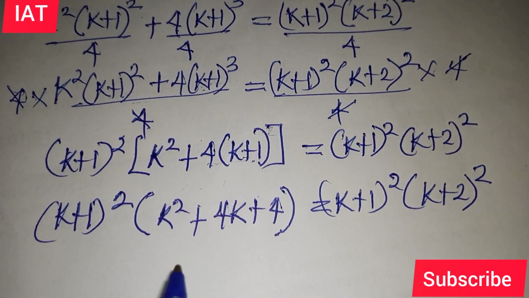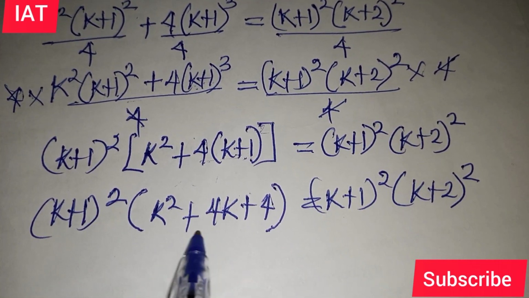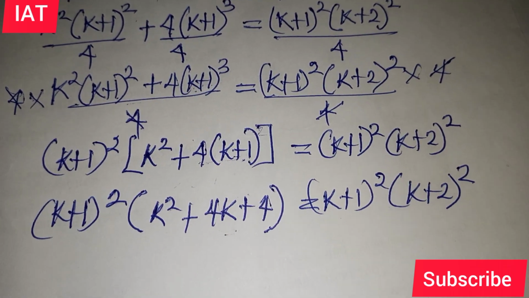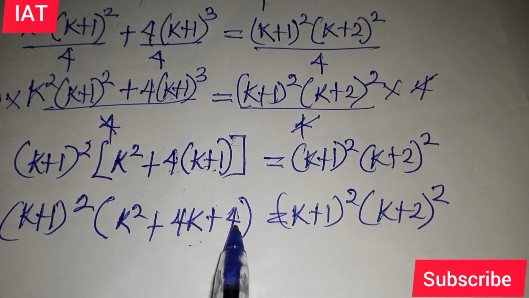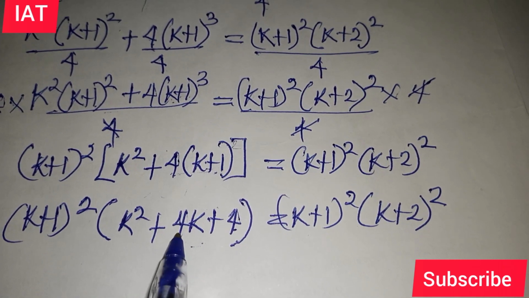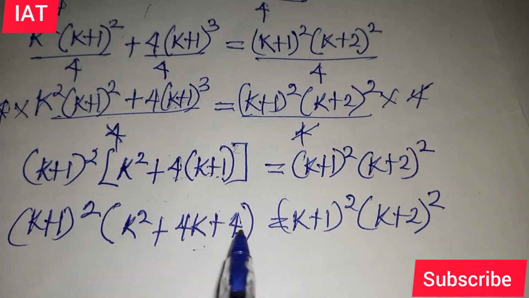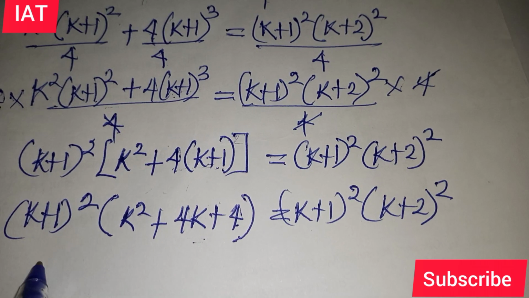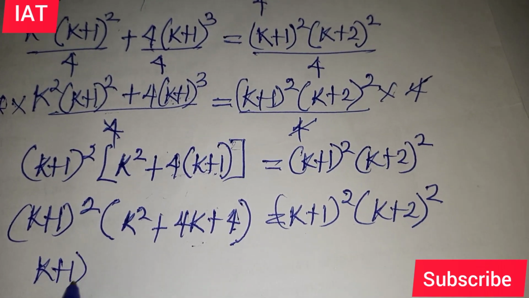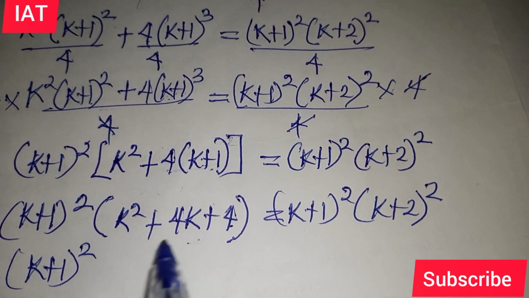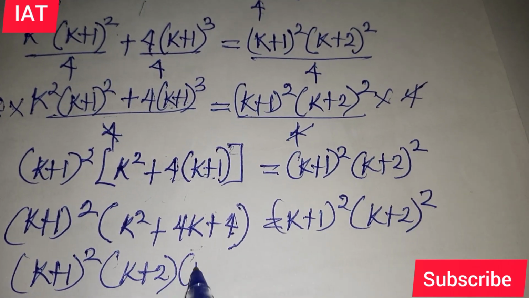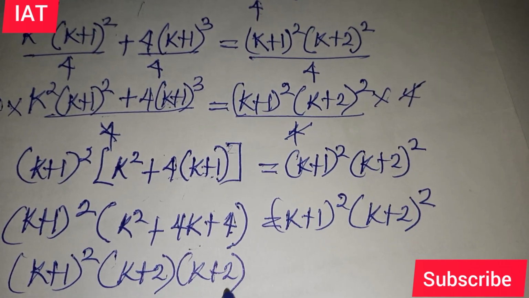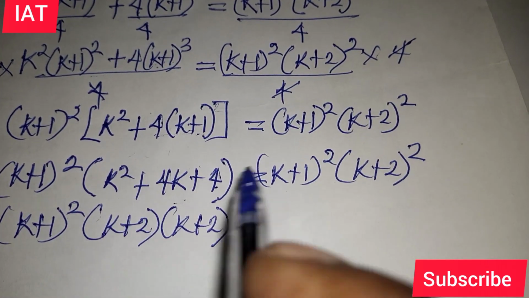So finally, this has given us a polynomial, a quadratic function. In this case, you think of two numbers that when you multiply give you 4, and when you add them give you 4 also, that is 2 and 2. So if you factorize that, you're having (k plus 2) into (k plus 2). But if you expand this, it will give you back this.